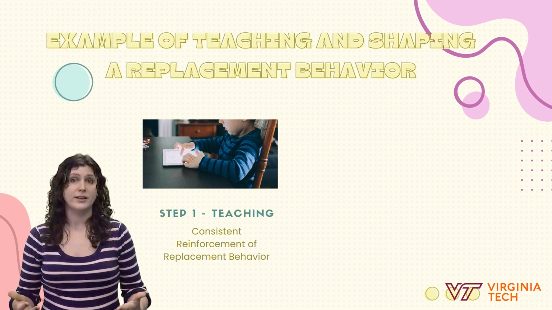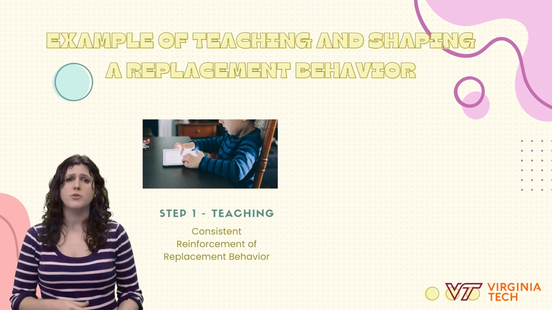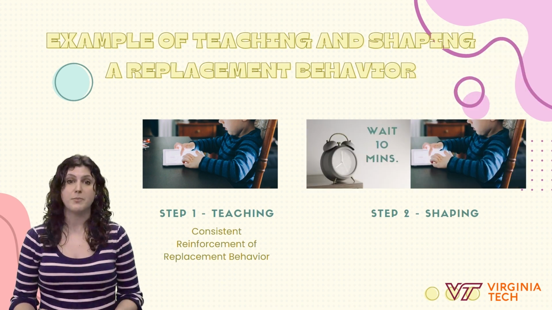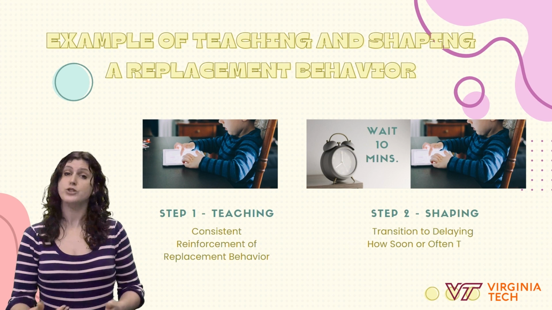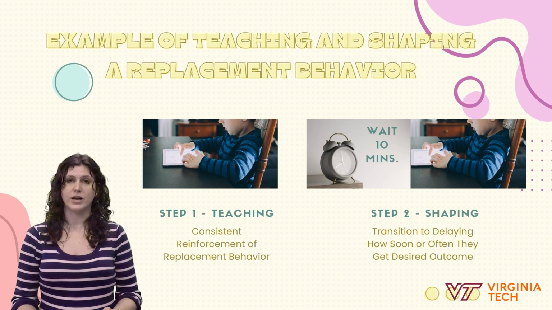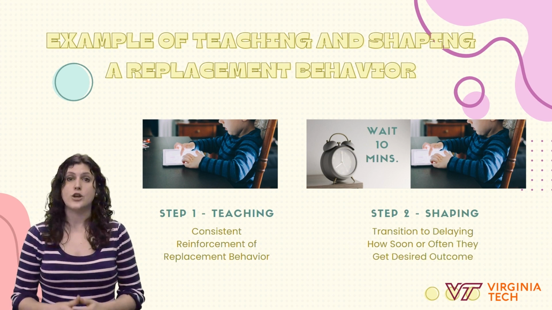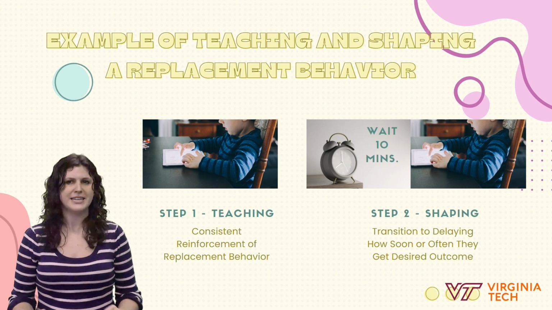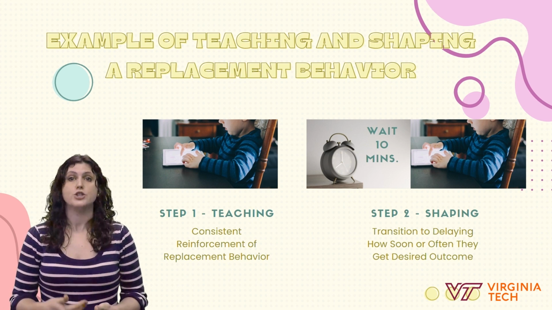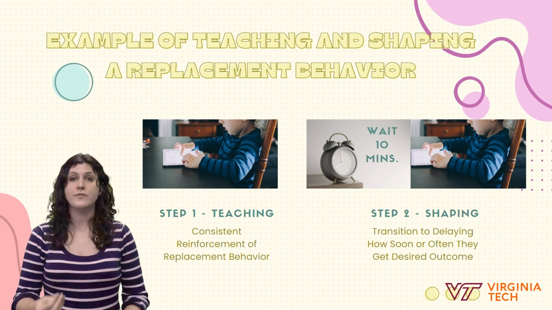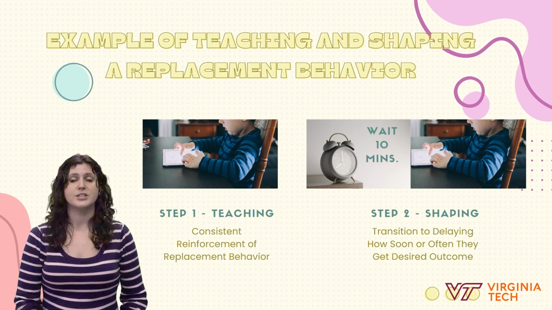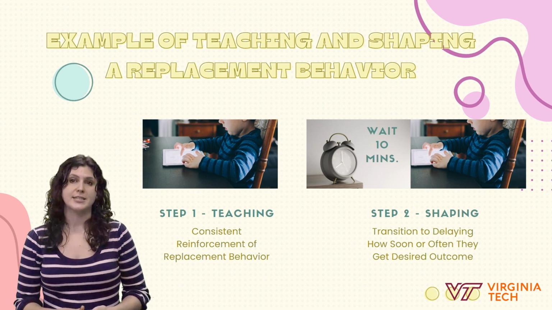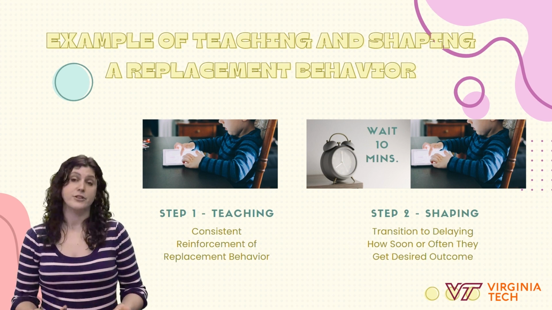Once step 1, or teaching, is over, we can move to step 2, which is the shaping portion, where we slowly transition to delaying how soon they get the desired outcome, and eventually can say no entirely to the desired outcome, at least some of the time. During the shaping step, it is critical that you still provide positive reinforcement for using the replacement behavior, such as saying, "Thank you so much for asking to use the iPad," rather than just grabbing it.